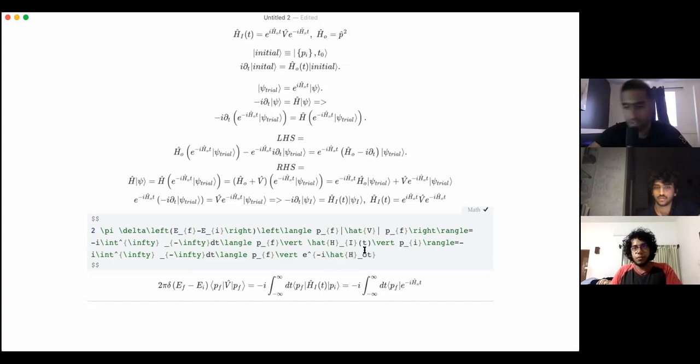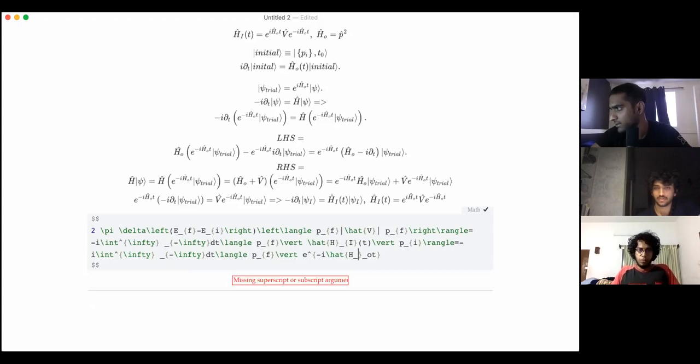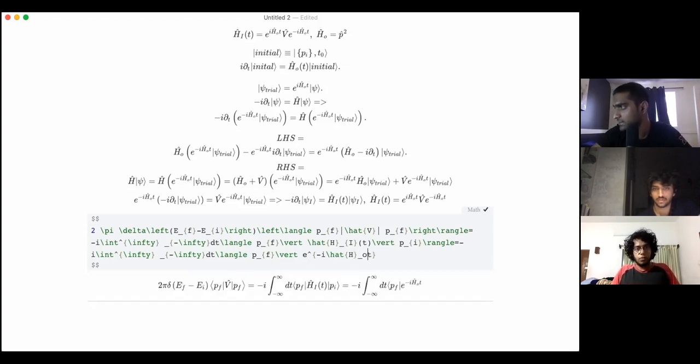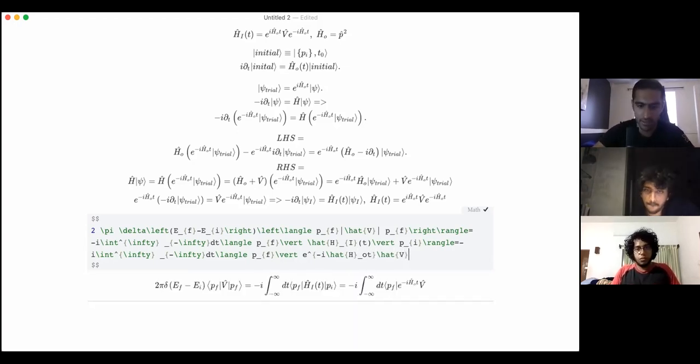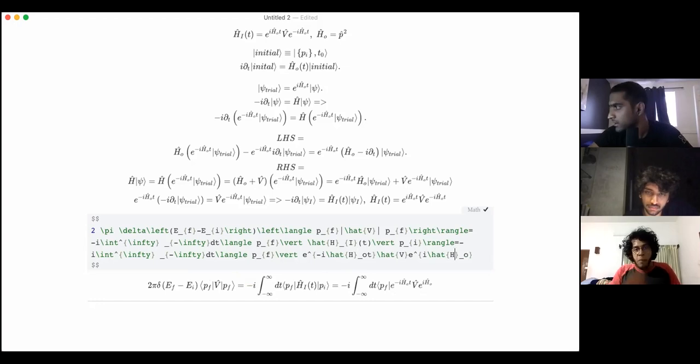Let's just write it as is, then apply it and convert the operator into an eigenvalue. There's going to be a minus here. Sorry, the minuses are in the wrong places, I think.